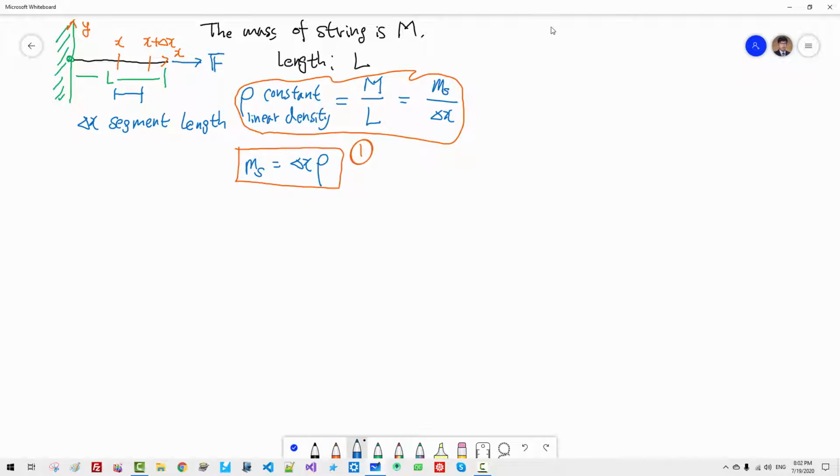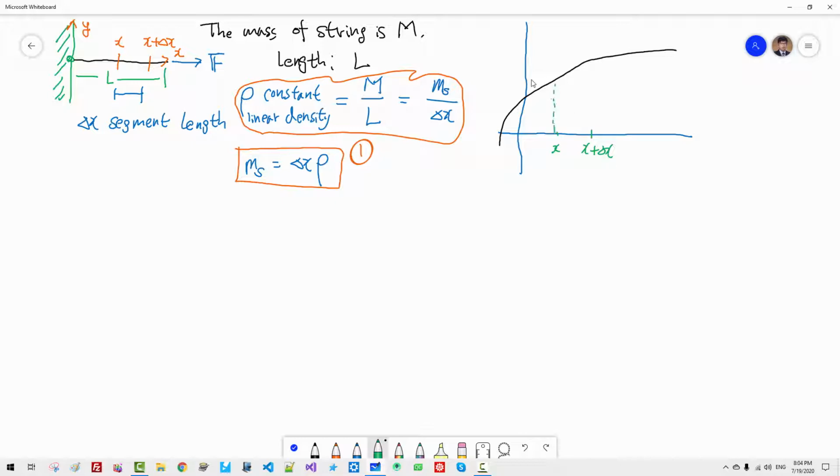In high school, we learned the definition of derivative. This is the vertical axis and this is the horizontal axis. This is our function. X is here and x plus delta x is here.